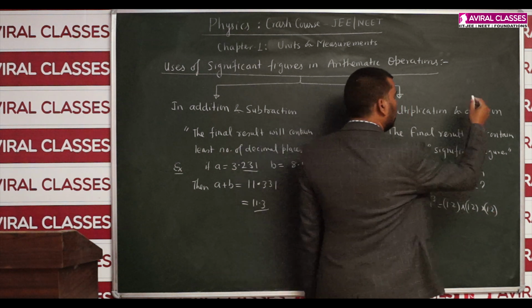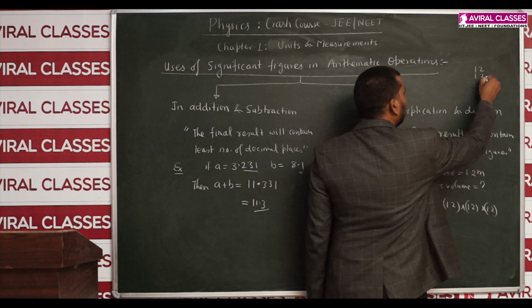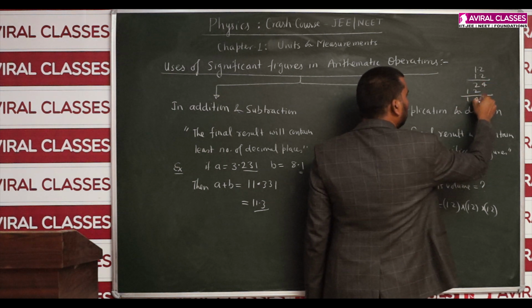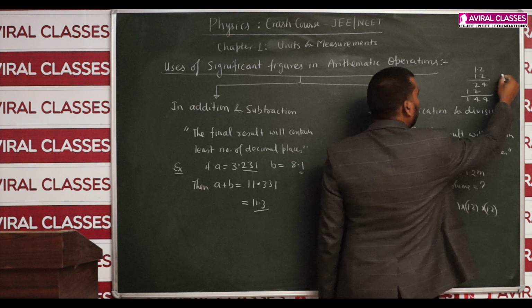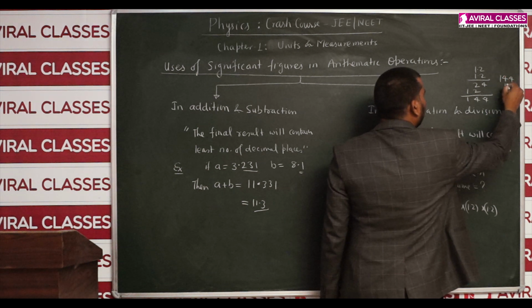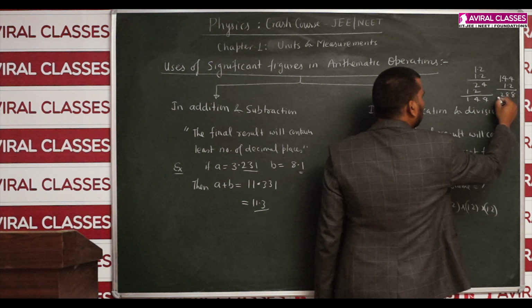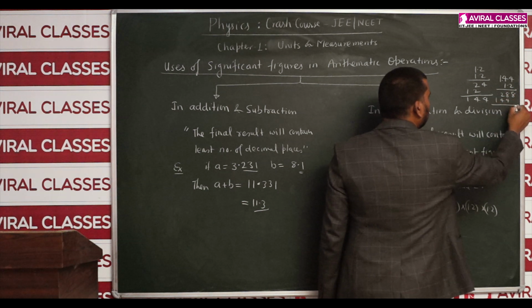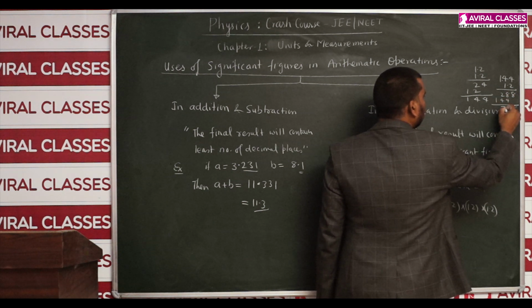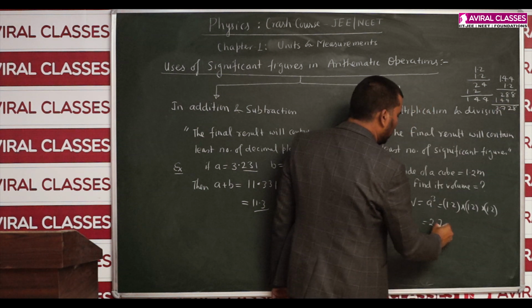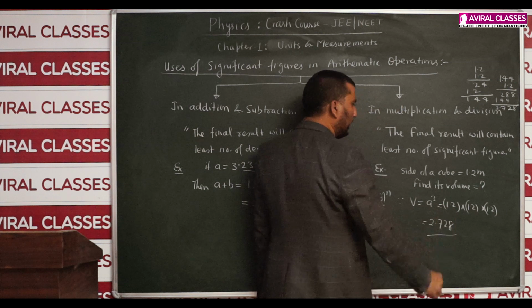Solve it by a simple method: 144, better to know the square of 12, times 1.2 now. Answer is 2.728. Exact answer is this.